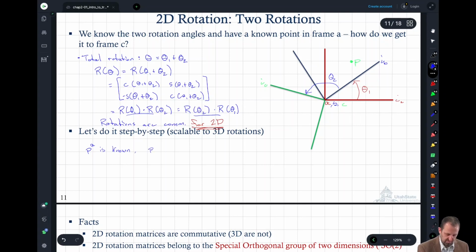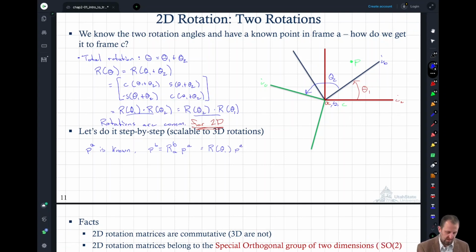Point P in frame B would just be equal to a rotation from A to B times point P_A, right? So nothing new there, which in our case was equal to R of theta 1 times P_A.